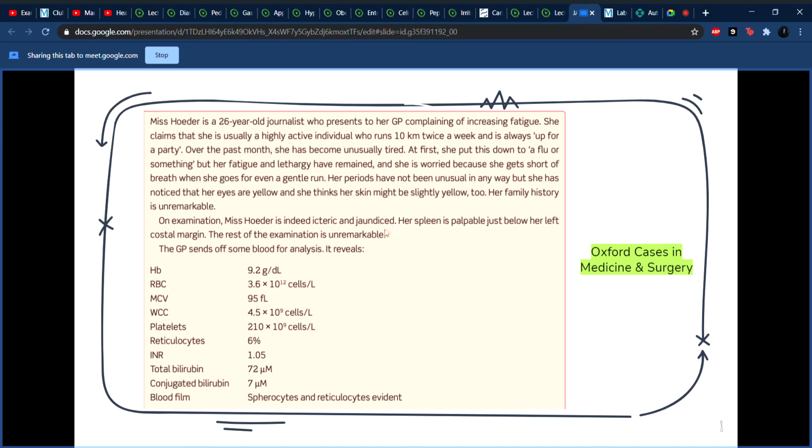If let's say the patient's family history is unremarkable, we can rule out any inherited disease such as G6PD, but the patient is a woman, so it's unlikely. For drug history, is it important for this?